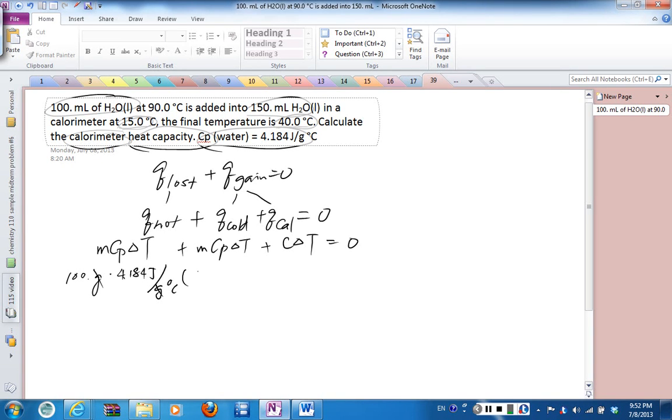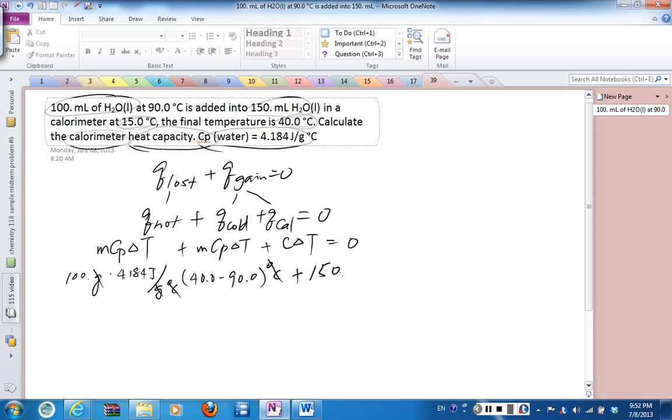And delta T is final temperature, 40 degrees Celsius, minus initial temperature, 90 degrees Celsius. So degrees Celsius cancel, and this should end in joules.